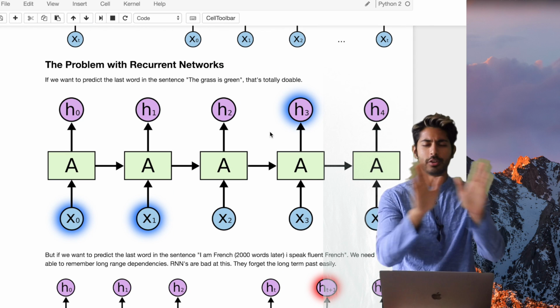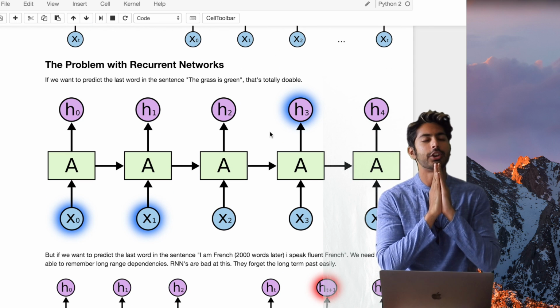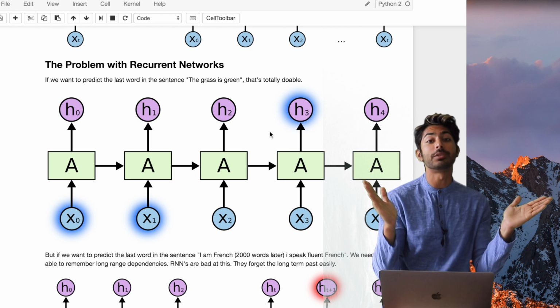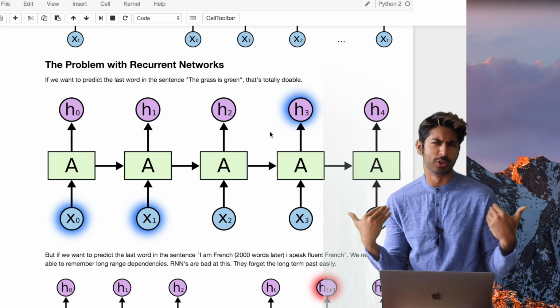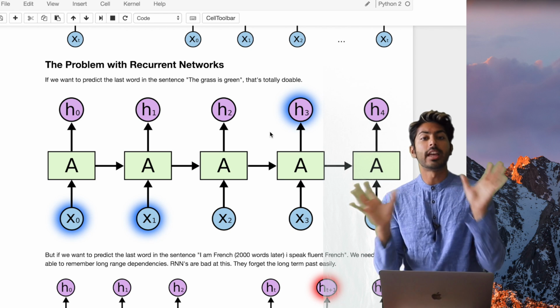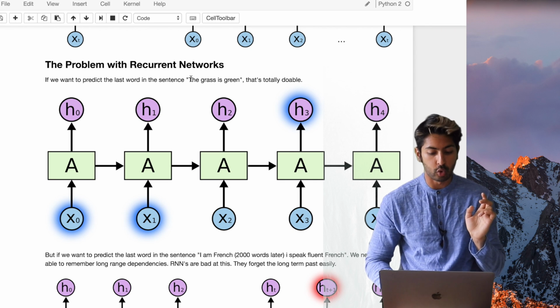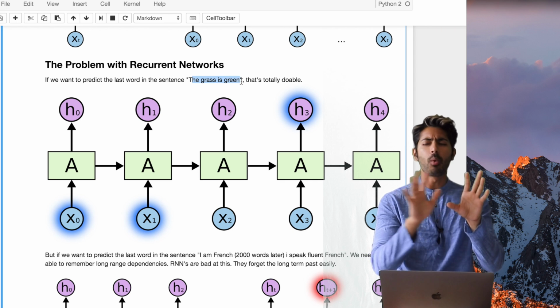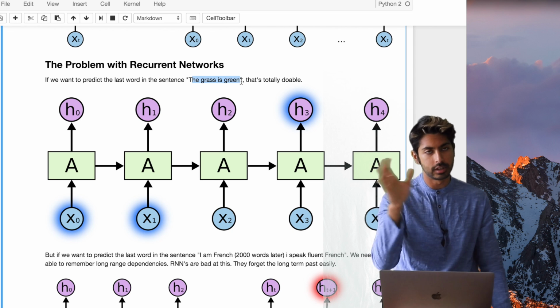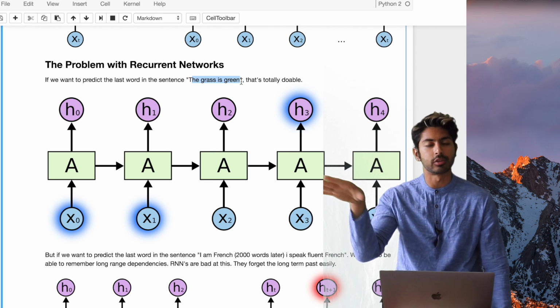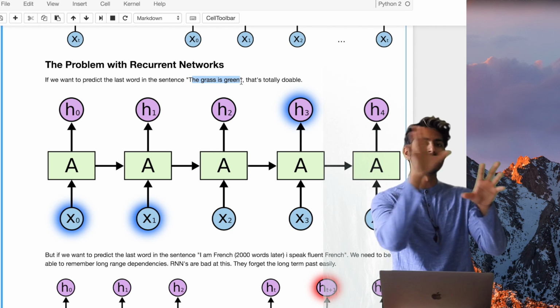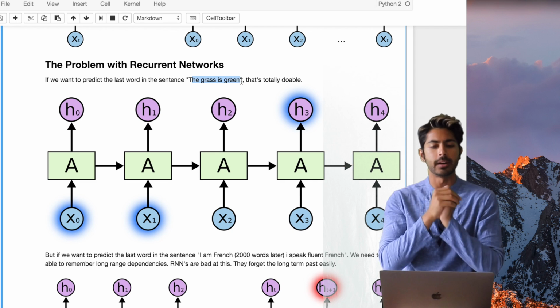So let's say you're like, what is this? Let's say we are trying to predict the next word in a sequence of text, which is actually what we are trying to do right now, duh. Let's say we're trying to predict the last word in this sentence, the grass is green, right? All we're given is the grass is, and we're trying to predict that last word.